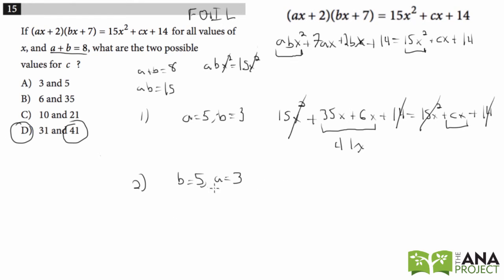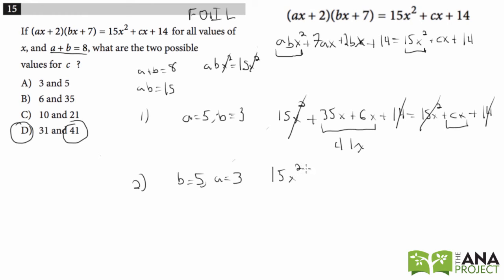But if you wanted to try the other scenario, and this other scenario c has to equal 31, we can go ahead and do it just for kicks, I guess. So abx squared, well, that's 15x squared, and we know that's 14, so we'll just do this middle part.